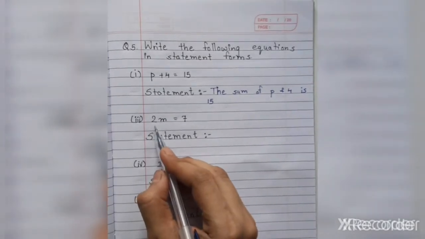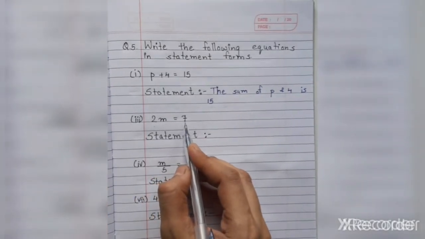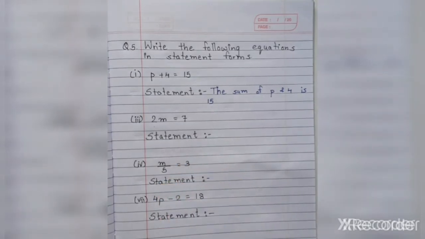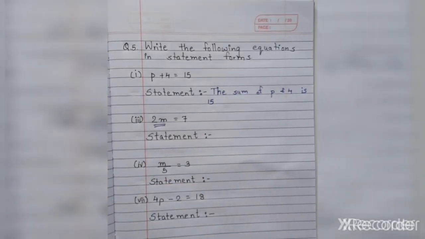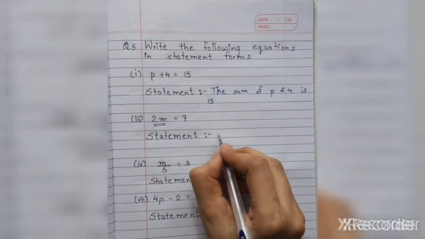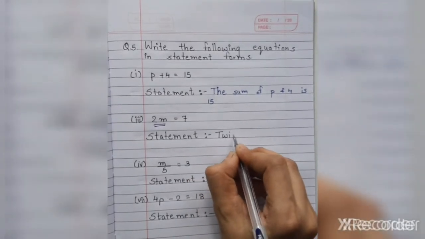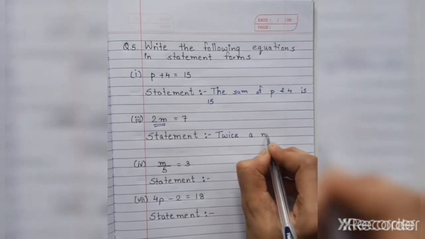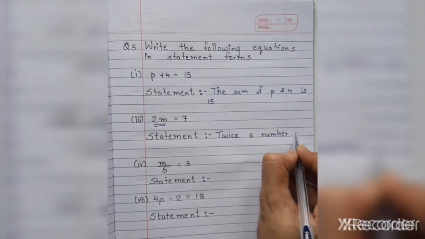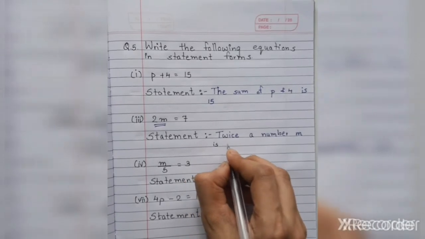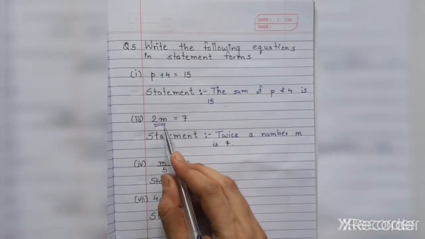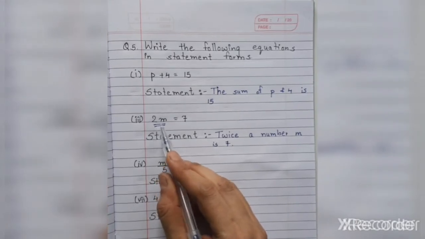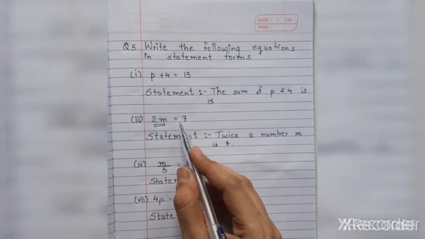Second, 2m equals to 7. First, write the statement for this. Twice a number m is 7. You can write m multiplied by 2 gives 7. That is also correct answer.